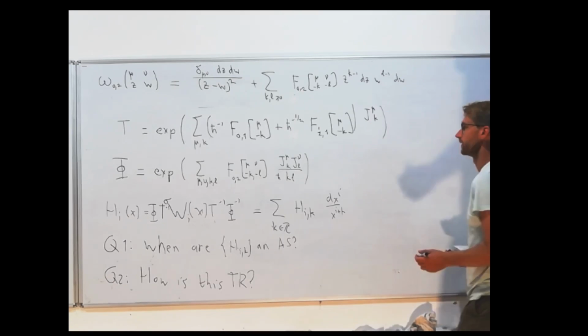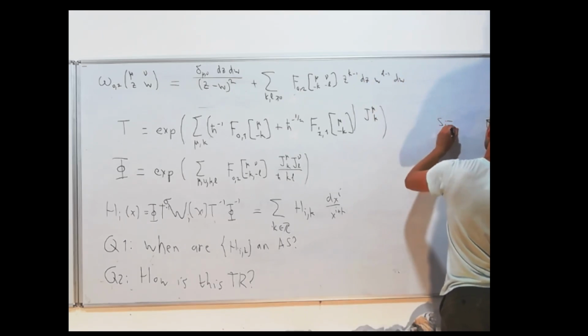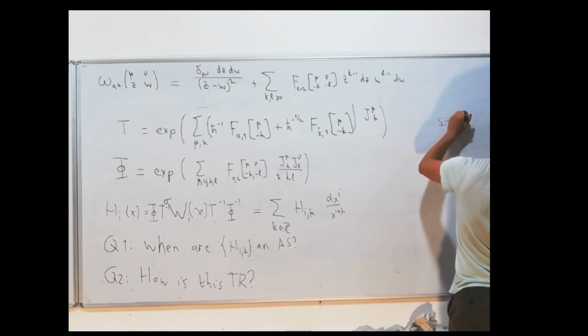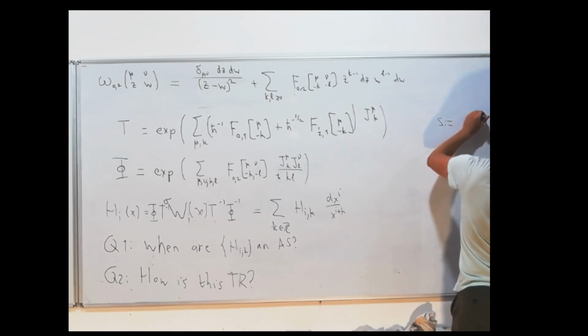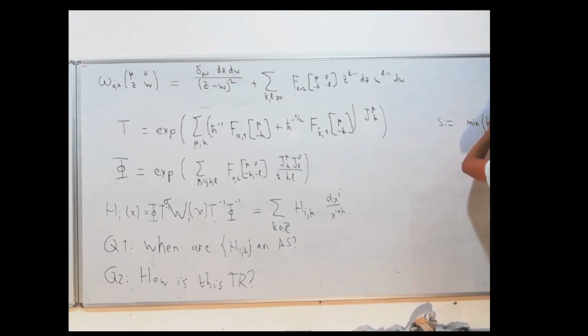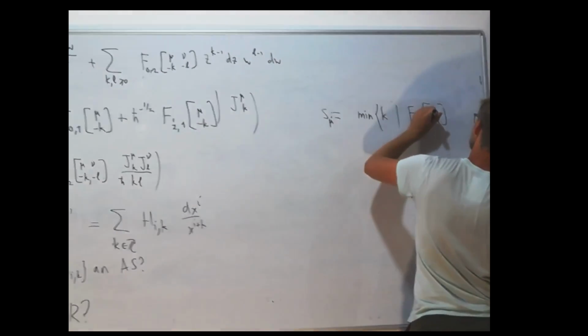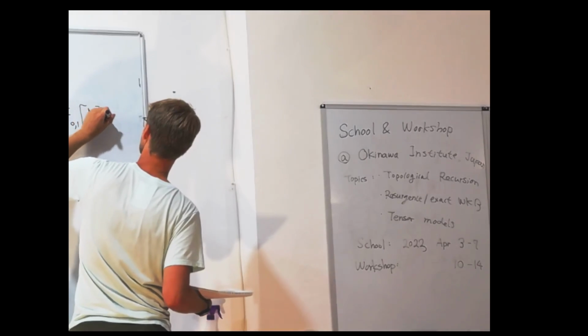Also, I would like to introduce one piece of notation, which is S. This is the smallest k such that F_{0,1}, sorry, S_mu, it's the smallest one such that this is not 0.